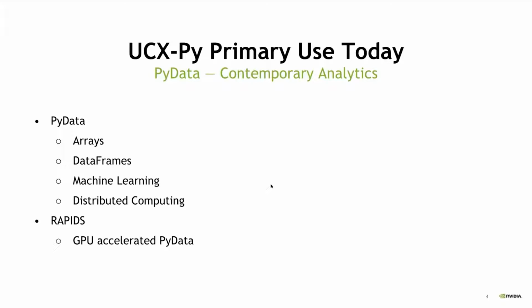Then you have machine learning libraries such as scikit-learn, or distributed computing in Dask distributed. As I mentioned before, I'm part of the RAPIDS team, and what RAPIDS is doing is basically porting all of this PyData ecosystem to run on the GPU. So we have libraries for processing arrays, processing data frames, doing machine learning, and doing distributed computing, but all on the GPU.